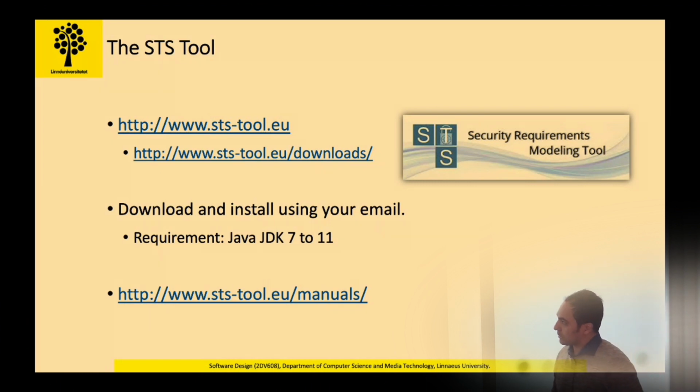This is the tool I was talking about, the security requirements modeling tool, STS. You always need Java, and the latest version, not older versions. I think 6 will definitely not work. 7 might work or not, but the higher the version of Java, the less chance to fail.